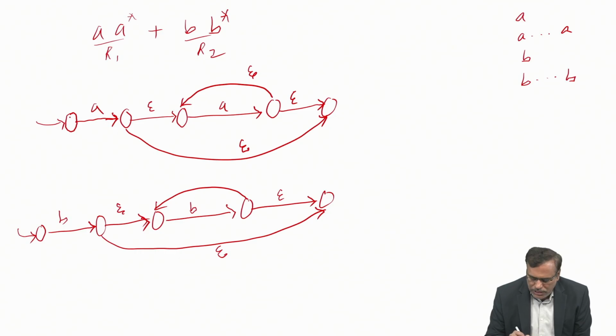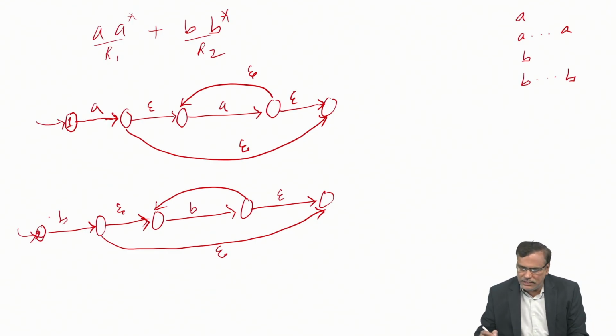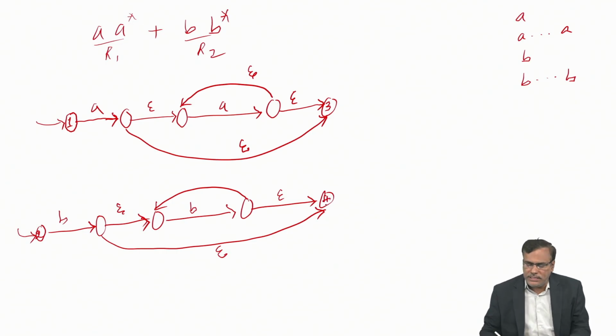Let me give some numbering so that I can refer to it. So 1 and 2 are old start states here. This 3 and 4 are old final states.